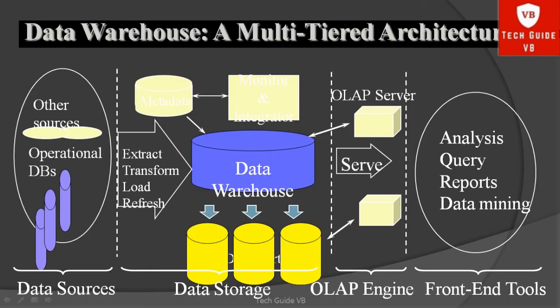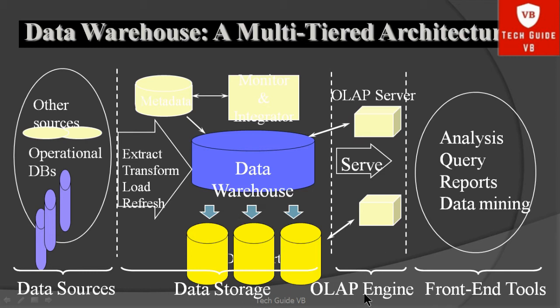This slide is regarding the data warehouse multi-tiered architecture. The data warehouse is divided into multiple tiers in this architecture. You can see the first tier is the data sources, the second tier is the data storage, the third is the OLAP engine, and the fourth is the front end tools. In data sources there are operational databases and other sources. In data storage it is divided into extract, transform, load, refresh operations, the data warehouse, and it has the different dimension and fact tables.